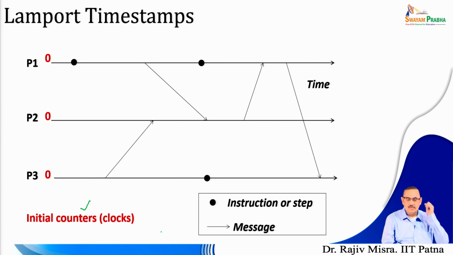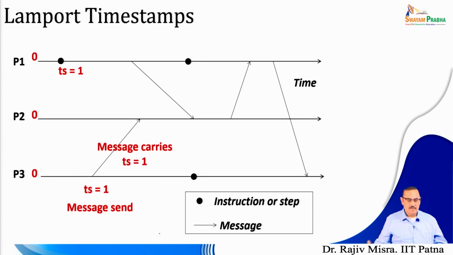Let us see that the clock of process P1 will have the first event, an internal event, which will increment the counter to 1. So, this will have the timestamp 1.